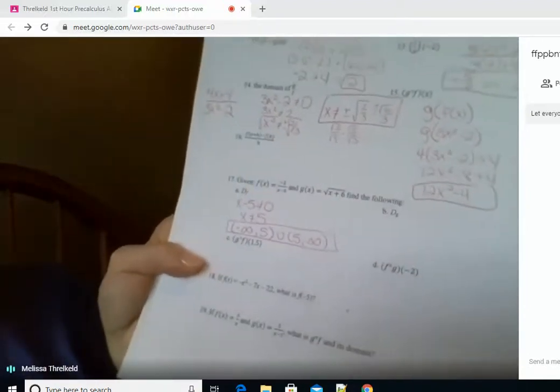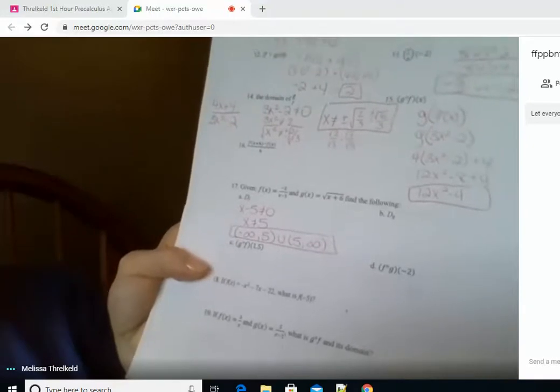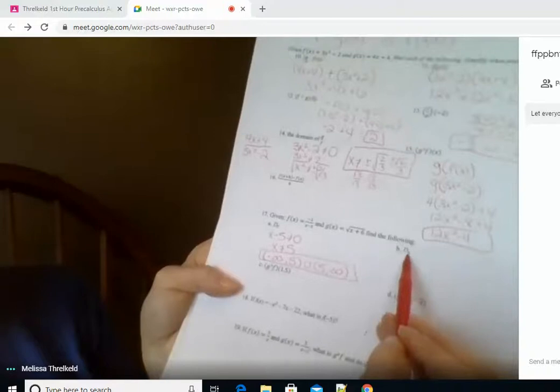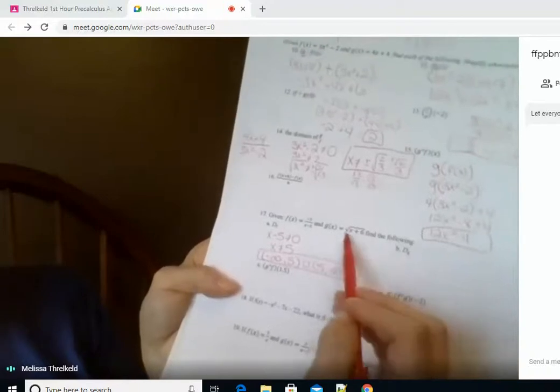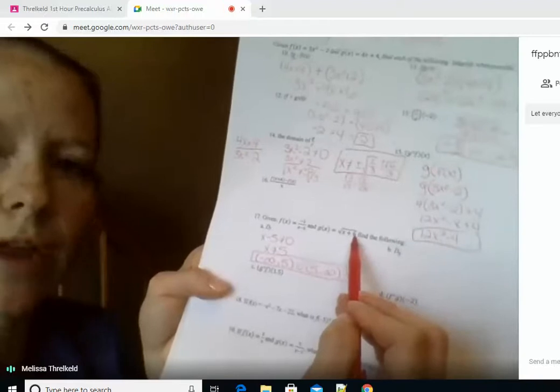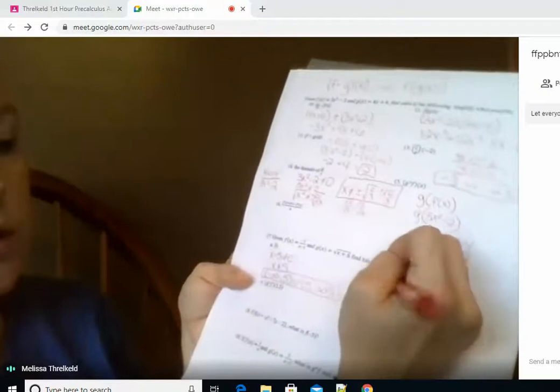Okay, B, the domain of G. If I'm looking at G, it's a radical. If you have a square root, what do you know about the thing under the radical? It can't be negative. Has to be greater than or equal to 0.